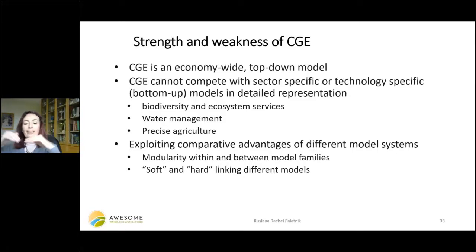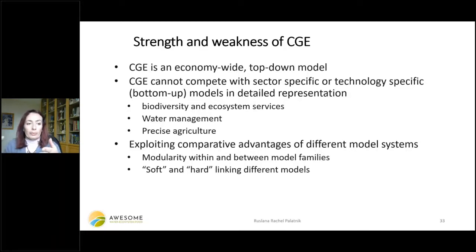It has a vision from above on the economy, and it is very detailed on the coverage, the broad coverage of its sphere. But it cannot compete with a model that is sector specific or technology specific.